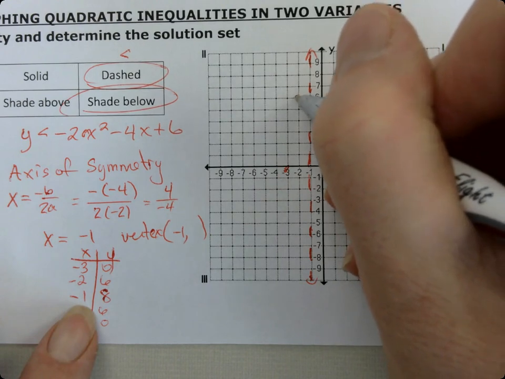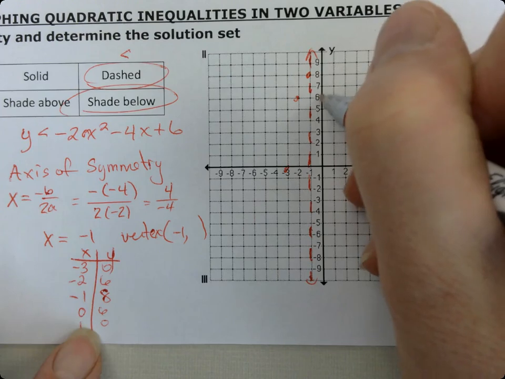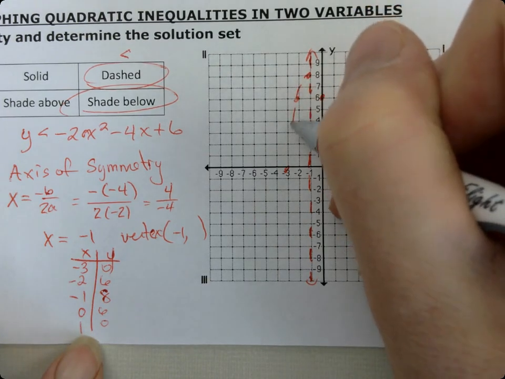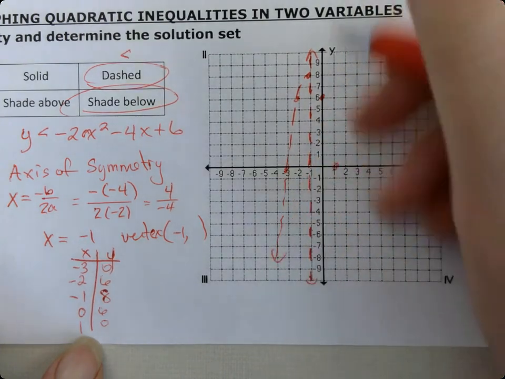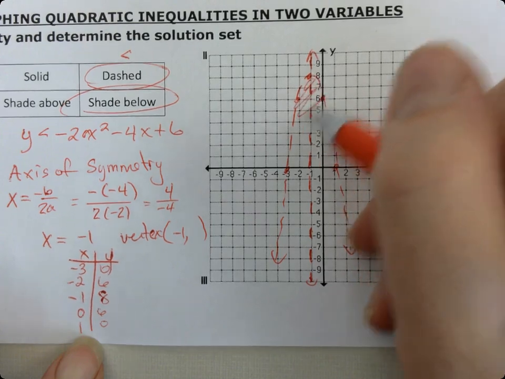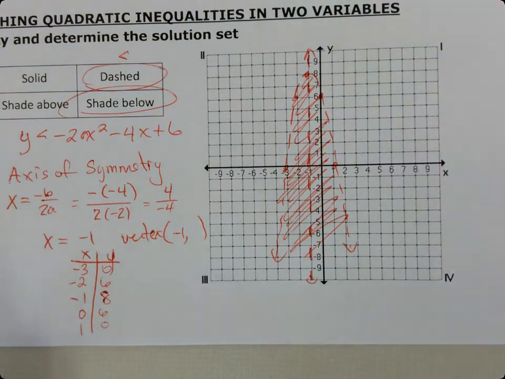We said our graph's going to open downward, -1, 8, 0, 6, and 1, 0. Dash your line, and then we're shading below the parabola, which means down under, which is going to be inside the parabola.